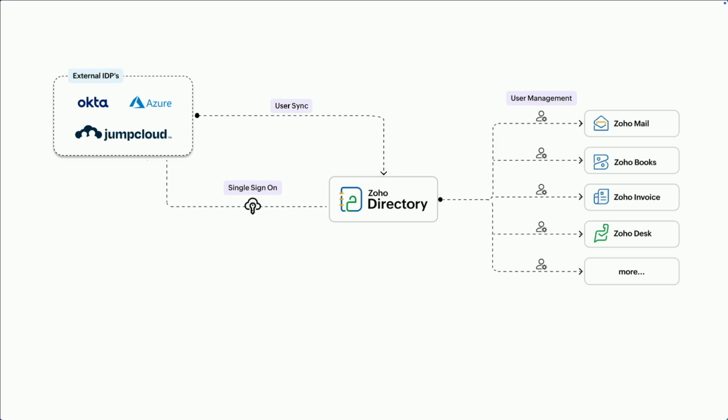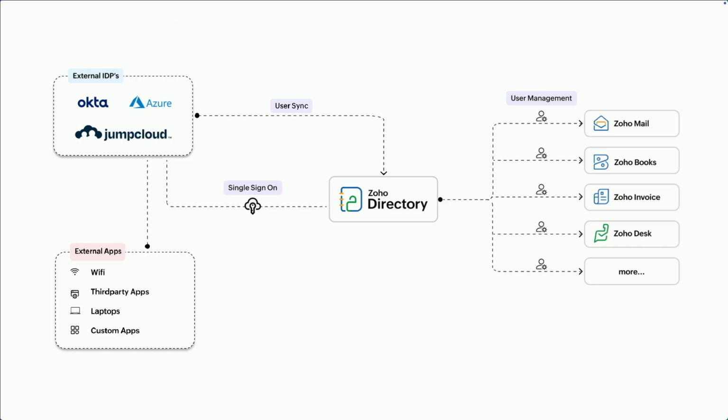And they also say that they're going to use their Okta account or Microsoft account to log in to Zoho apps. They might be holding on to the external identity provider because they might have certain dependencies on them. It could be that they might have non-Zoho apps already integrated with those systems, certain custom apps integrated with those systems, or their laptops integrated with those systems.